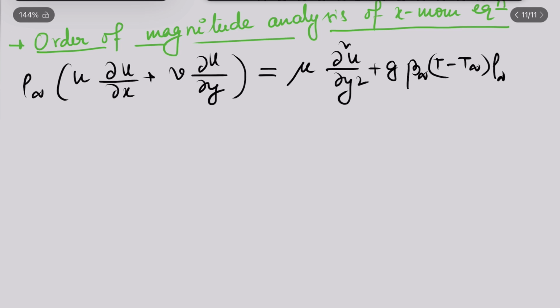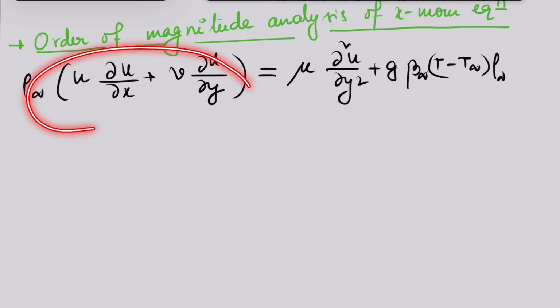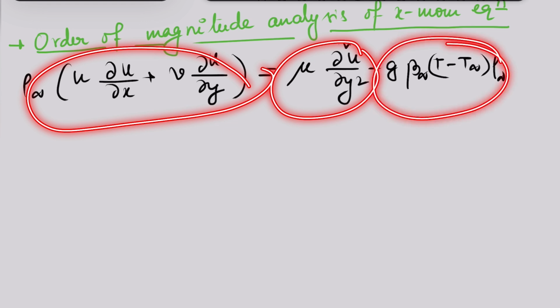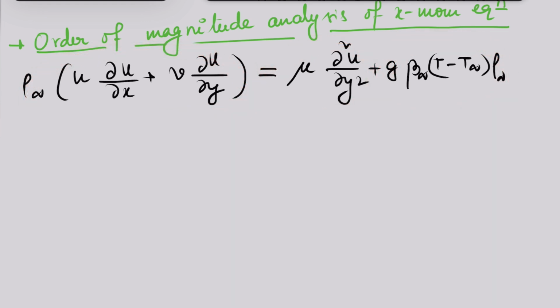Before doing anything, why do we do the order of magnitude analysis? We want to know whether we can drop any of the terms or not. There can be other objectives also: maybe we know the order of magnitude of other terms, but we don't know the order of magnitude of a particular term, and we want to know that.